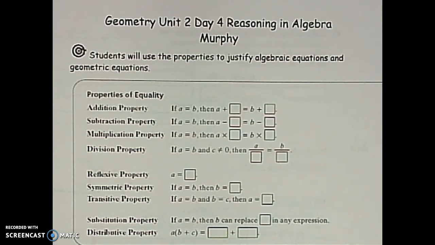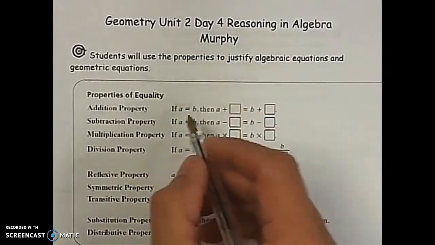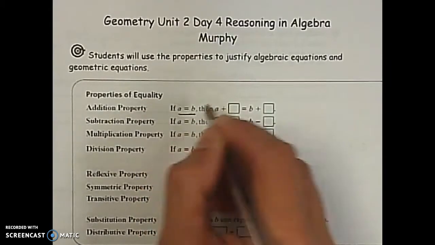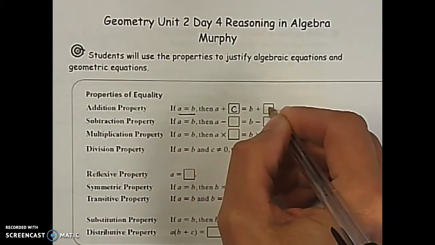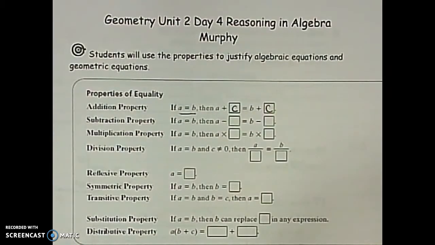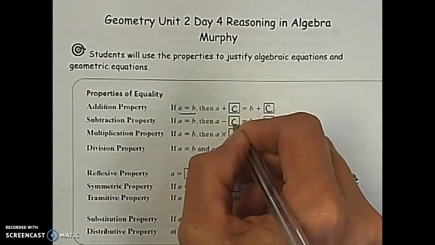So the first 4 properties are properties that you did back in Algebra 1. They essentially say as long as you perform the same operations to both sides, that's considered a property of equality. For example, the addition property of equality says if we start off with an equation, A equals B, then we can add C to both sides and the statement will still be true. Same thing for subtraction.